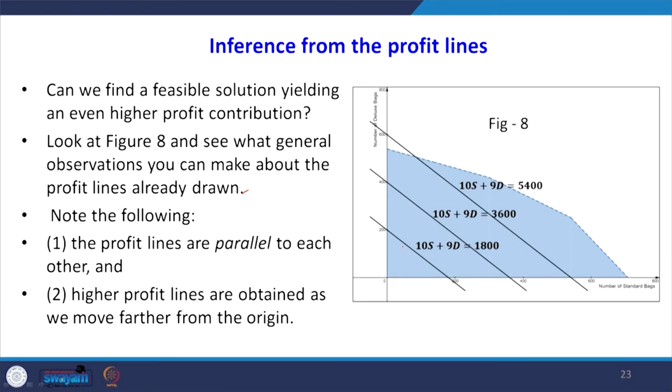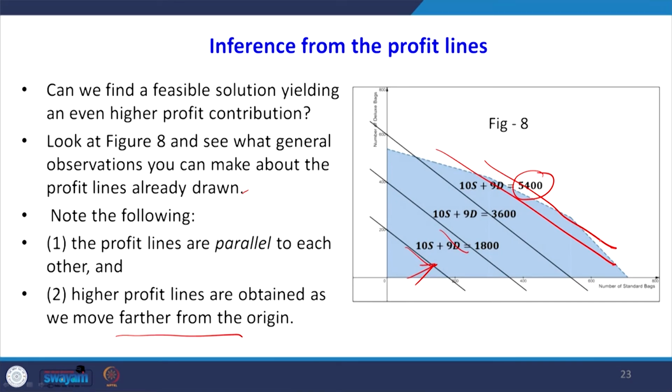Look at this one, all the lines are parallel to each other. The second one is that higher profit lines are obtained as we move farther from the origin. So, when we move farther from the origin, we get a higher profit line.